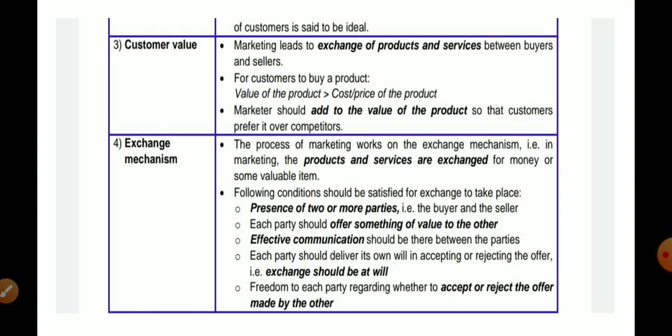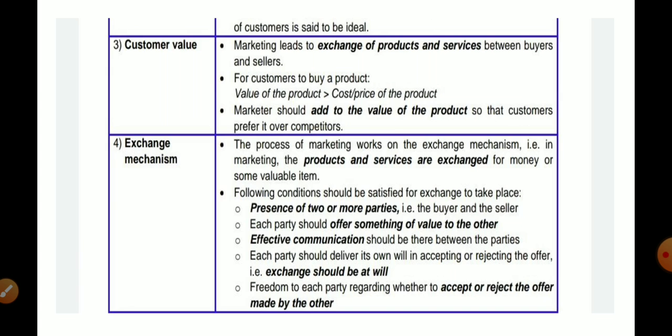Now, the customer value. The exchange of product and services between buyer and seller is a very important term. For the customer, the value of buying a product is equal to the cost of the product. If the value of the product is greater than the cost they pay, they will purchase the good. The marketer should add value to the product so that the customer prefers it over its competitor.